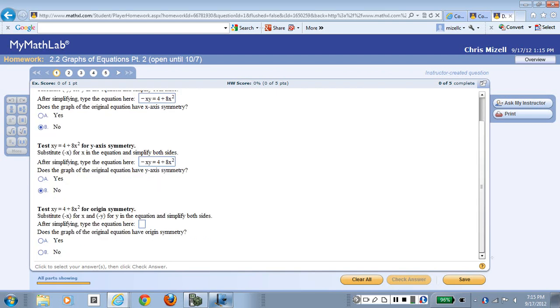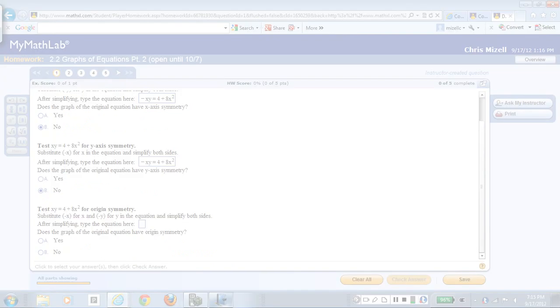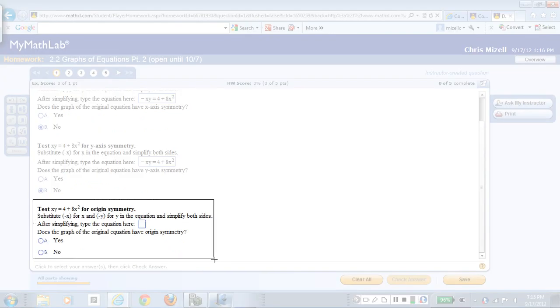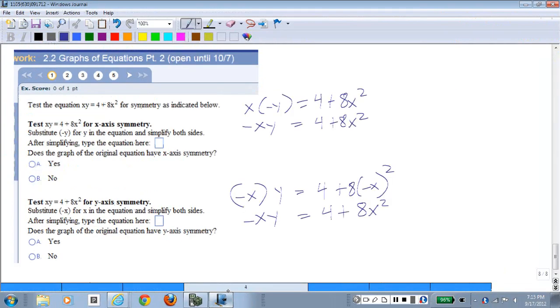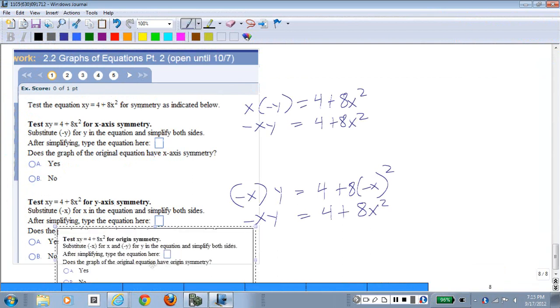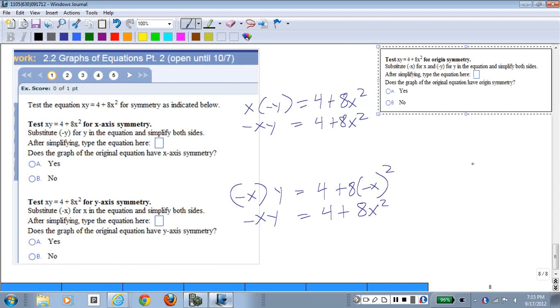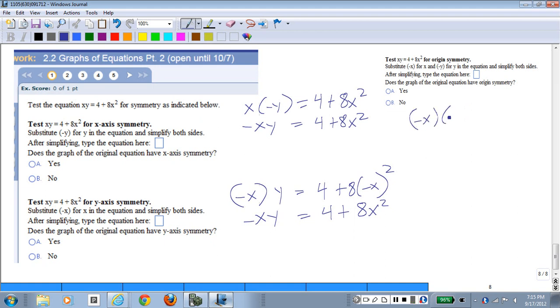I think it does have origin symmetry though. We test it for origin symmetry. When we test it for origin symmetry, we substitute negative x for x and negative y for y.